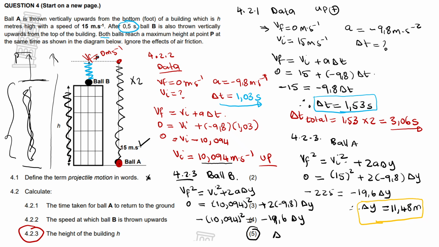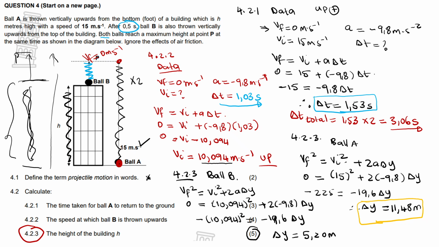Divide both sides by negative 19.6. What do we get? We get our delta y to be 5.198. So when we round it off, it's 5.20. So delta y is 5.20 meters. This is the height traveled by ball B.